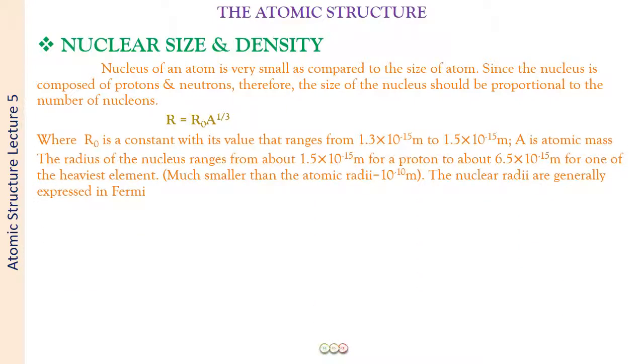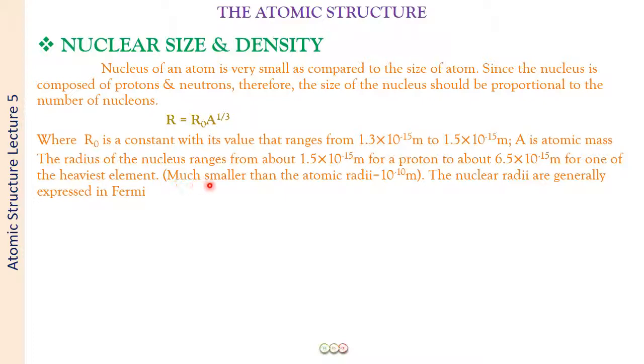Now the radius of the nucleus is going to range from 1.5 into 10 power minus 15 for a proton. Why so? Because if you take the value of r naught to be 1.5 into 10 power minus 15, and the atomic mass of a proton, that is the hydrogen atom, to be 1, you will get the radius to be 1.5 into 10 power minus 15 meter. And this goes up to about 6.5 into 10 power minus 15 meter for one of the heaviest elements.